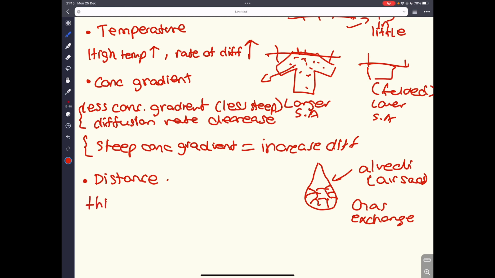So all you have to remember is thinner walls, thinner distance or less distance equals greater rate of diffusion.